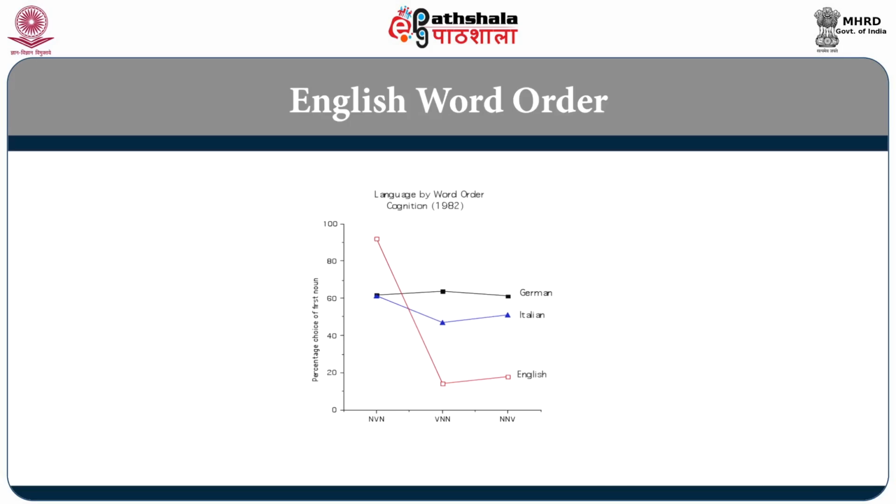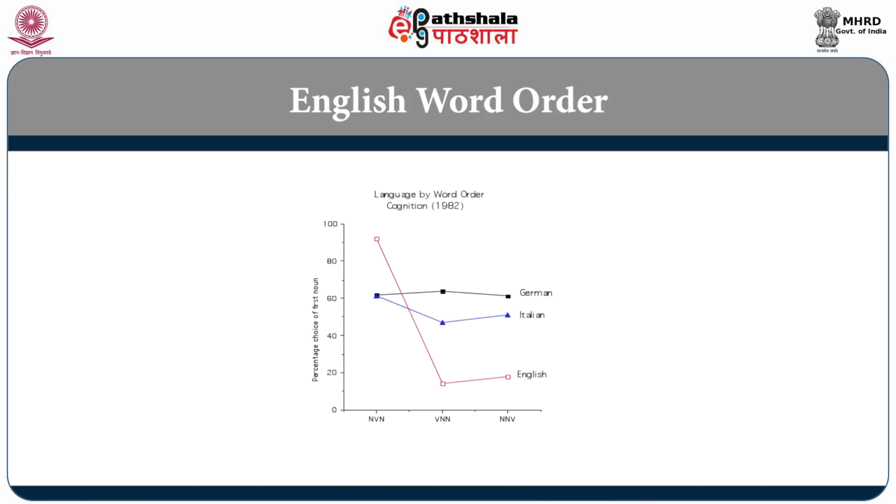Look at this graph. In understanding the meaning of sentences where there are 2 nouns, one is a subject performing a certain action on another object, that is, a transitive verb is there. If you ask them who's doing what on whom, in order to interpret the meaning of such sentences, look at the graph. English users rely so much on word order.